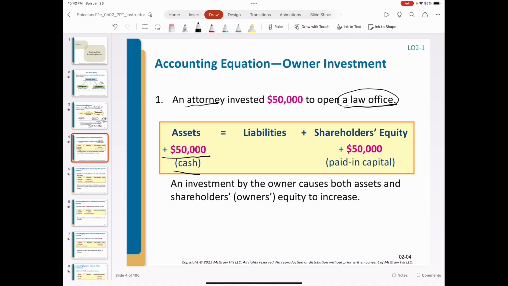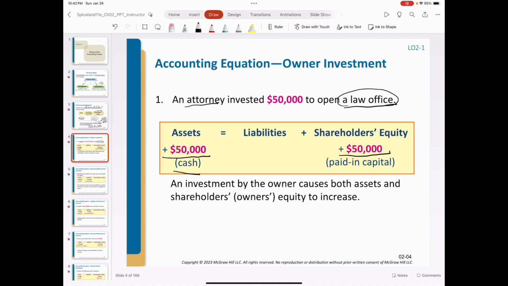But for the dual effect or double entry system, we also record the claims. So there is also $50,000 equity, which represents the claim of the owner, the attorney. So that's a double entry system. This transaction or event has dual effect on assets and equity.